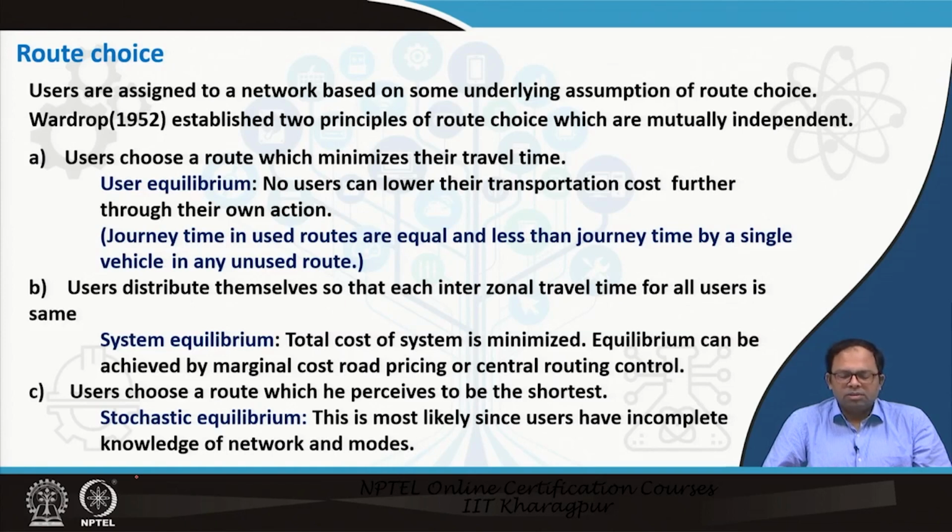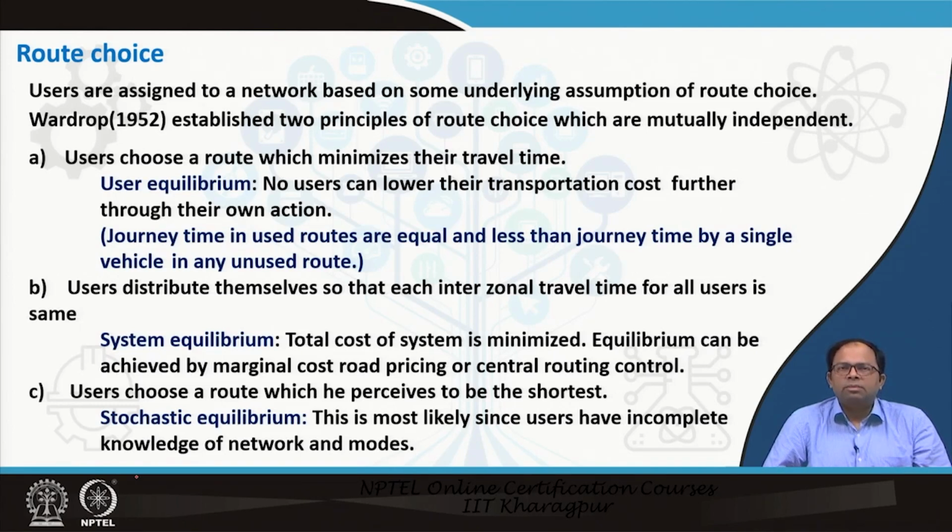Now, this total cost of the system is minimized, and equilibrium can be achieved by marginal cost road pricing or central routing control. That means that when the city actually tries to determine how to give equal impedance and so on, they will introduce some road pricing schemes, or they may do some control of the traffic signals at the central level, and in that way this could be achieved.